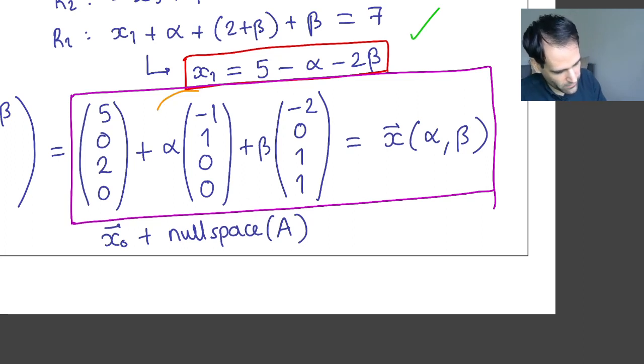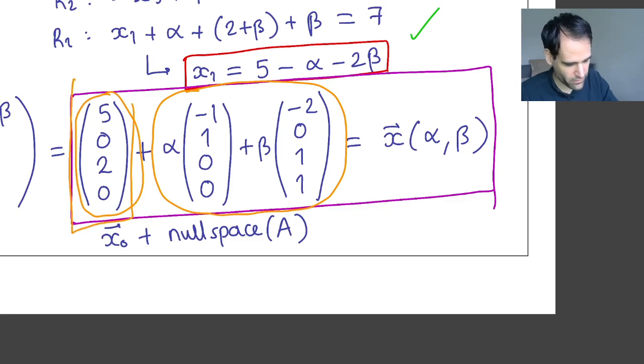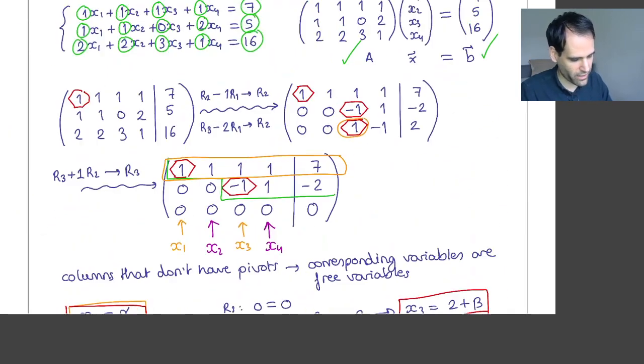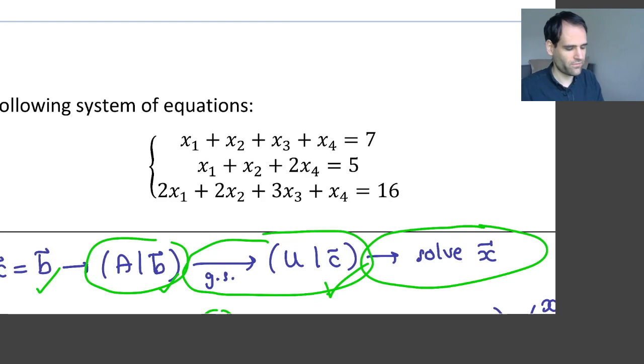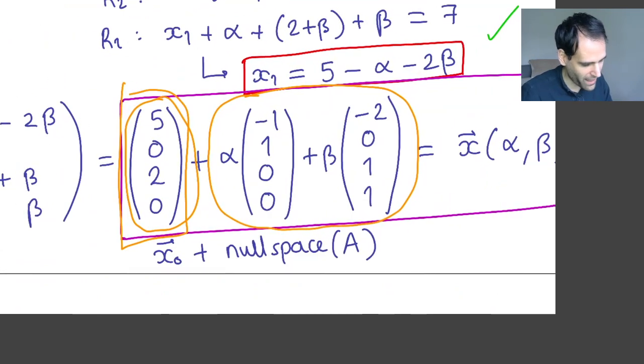All of this is the null space of matrix A, and this is a particular solution. If you substitute these values, 5, 0, 2, 0, into x1, x2, x3, and x4, you would solve this system. So that's one of the possible solutions. But then you need to add all of this infinite plane, which is the null space of A.